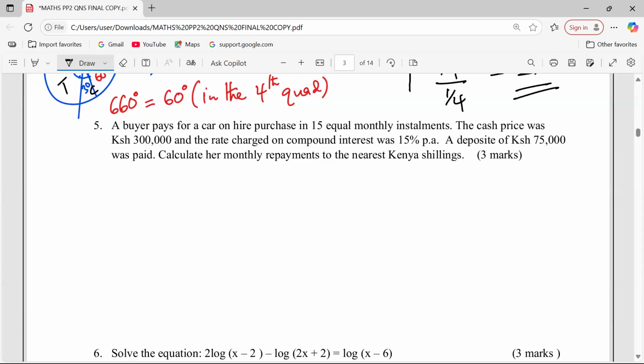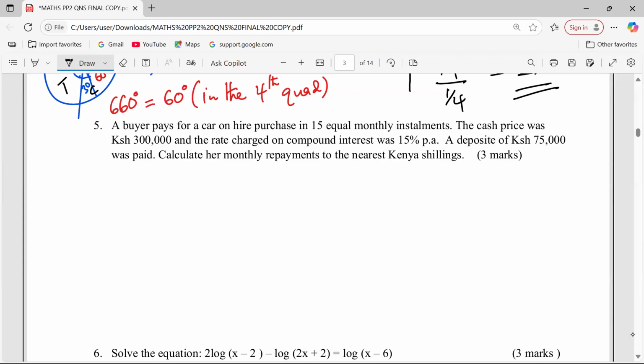Let's now follow through. It's good for me to mention to the learners and everybody following my platform: you're supposed to know that when you are acquiring an item on hire purchase, you have to work with a deposit, a cash price, and the carrying charge, which is the interest earned on the balance.